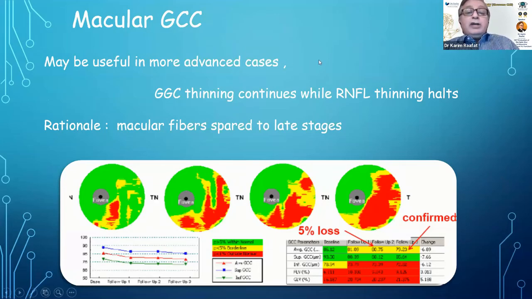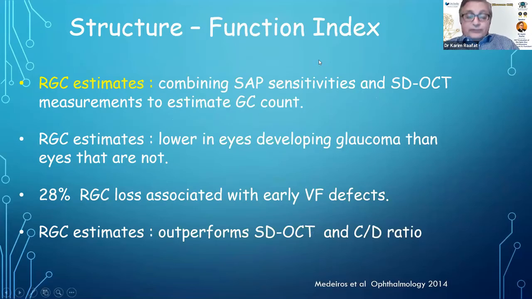A very important index now: why do separate studies about the structure and function, why not combine them together? Very important studies have been made with very complicated mathematical equations, what's called the retinal ganglion cell estimates. These are very sophisticated equations combining the standard automated perimetry visual field and the spectral domain OCT measurements.